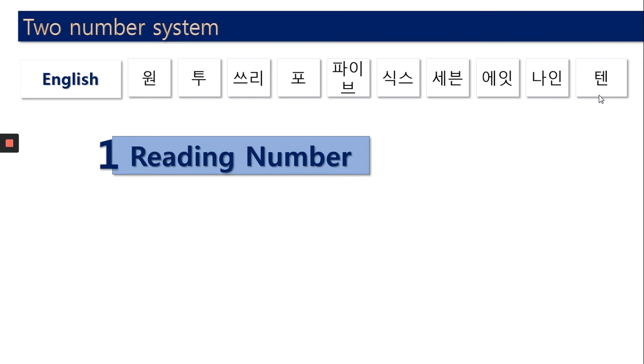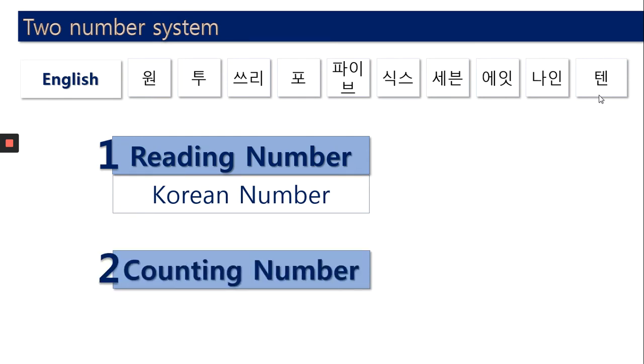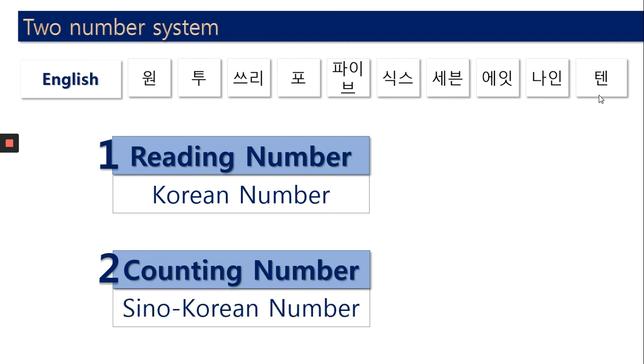In Korean, we have 2 number systems. First, reading number. Some teachers said this is a Korean number. Second, we have counting number, and some other teachers said this is a Sino-Korean number. Sino means Chinese.